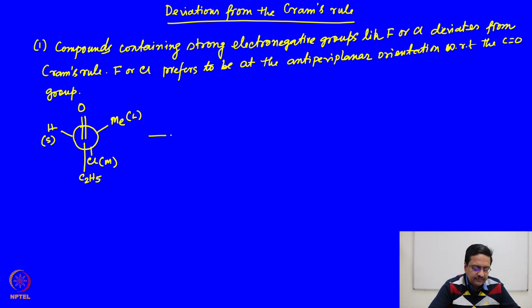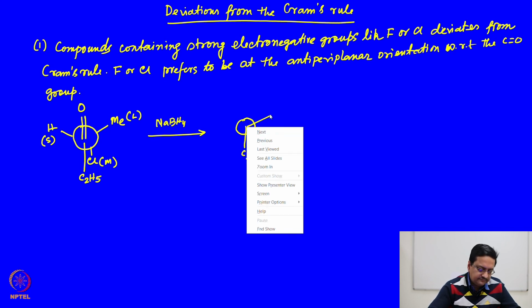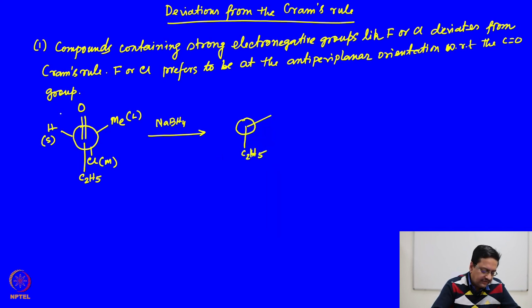In this case, if you do the reaction with sodium borohydride, the product that one would get is the product where the C2H5 is here and the hydride is added from the side of hydrogen.